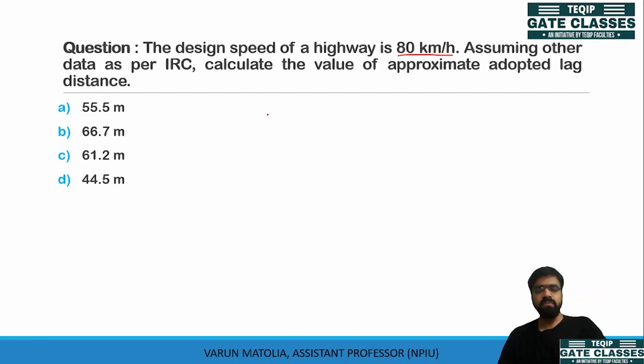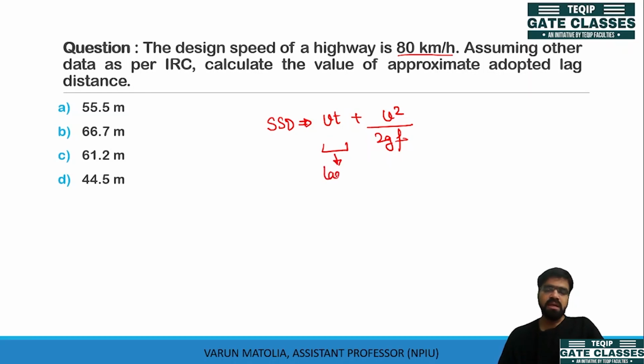When we write the formula of stopping sight distance, SSD, this formula comes out to be Vt plus V square by 2gf. Here this value is your lag distance and this value is your braking distance.